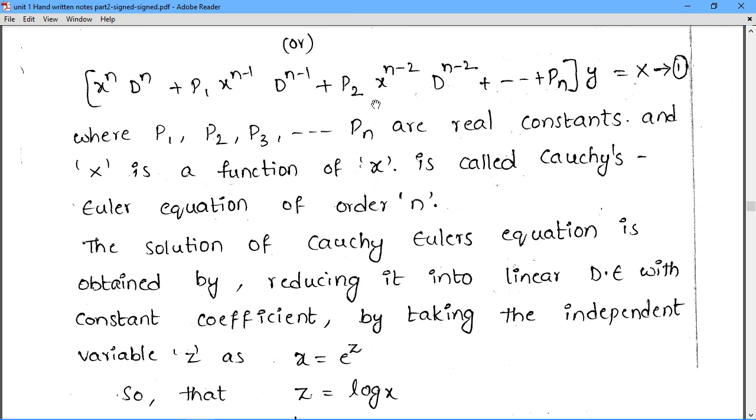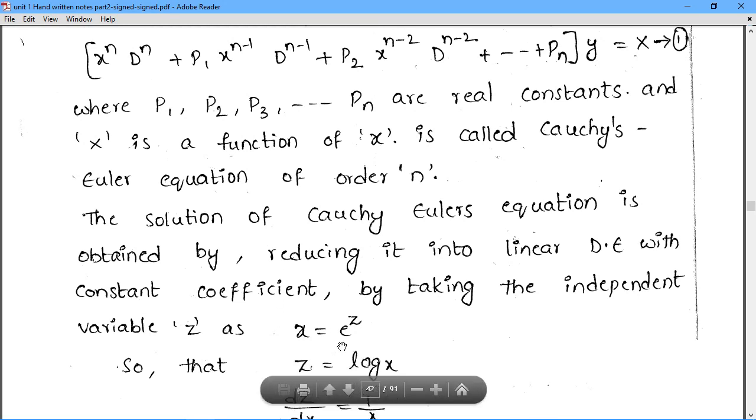Then we can solve the DE easily. Thus the variable coefficient equation becomes a constant coefficient equation, and we can solve it easily. So here we have to use a dependent variable z, such that x equal to e power z.